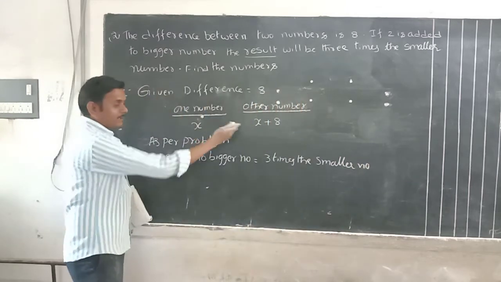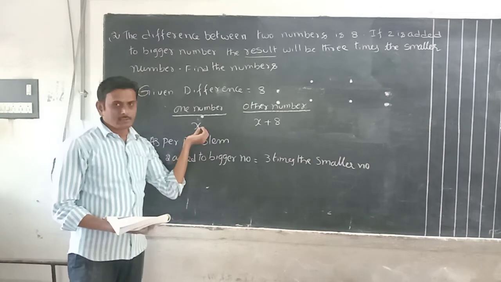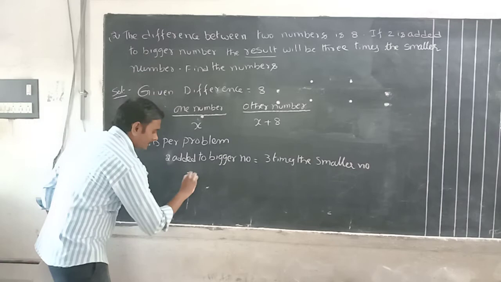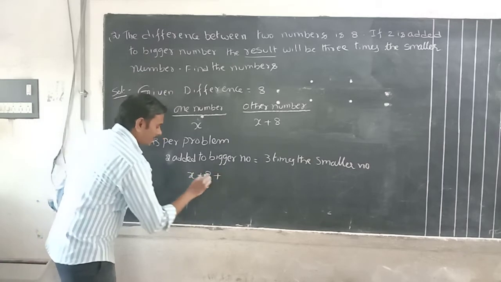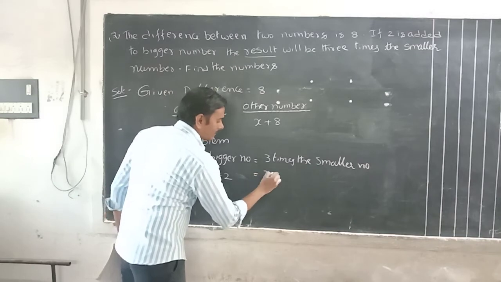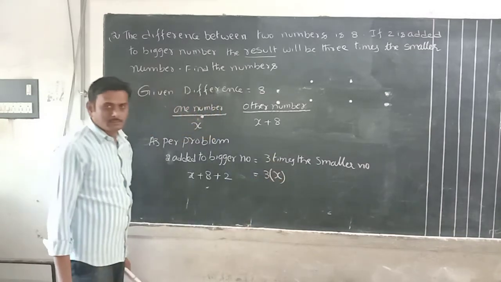Now which is the bigger? Can you guess? x or x plus 8? x is only there, x plus extra 8 is added. So it is the bigger. So we can write x plus 8 added to 2. The result is 3 times the smaller. 3 times the smaller means 3 into x.